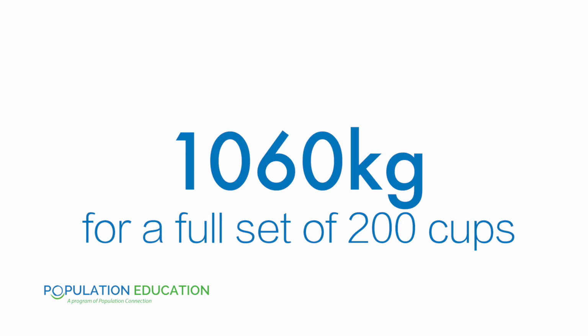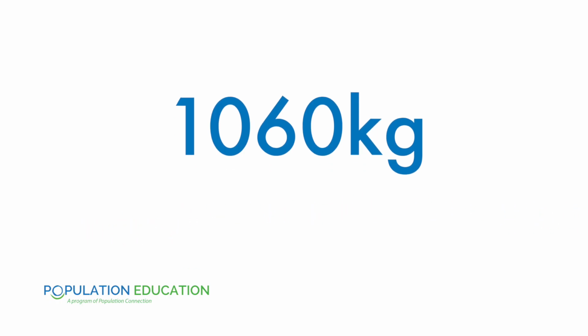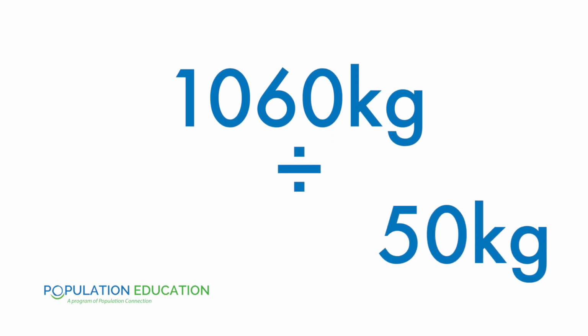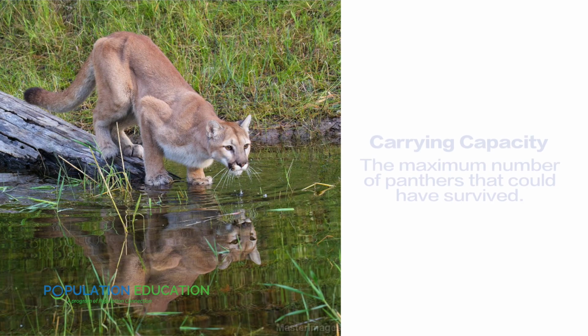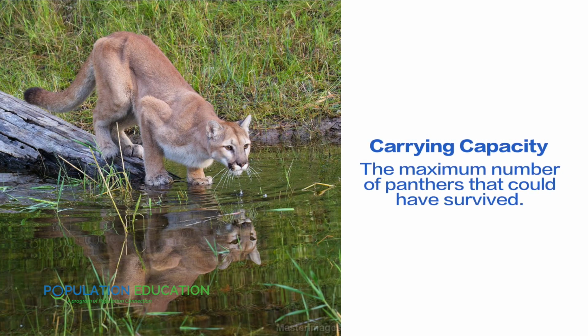Your middle schoolers may be able to come up with the idea to add all the prey weights together, which would be 1,060 kilograms for a full set of 200 cups, and divide by the amount each panther needs to survive, 50 kilograms.